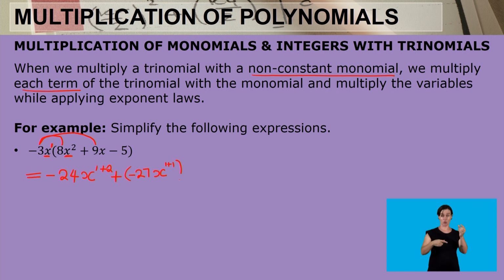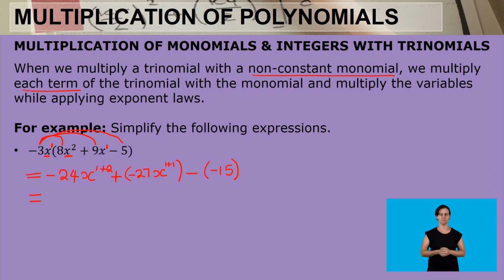That will be a 1 plus 1 because the exponent there is also a 1. Then we are subtracting here. We are going to now multiply the 3 with the 5. So a negative 3 multiplied by 5 again is going to be a negative 15. So we have multiplied each term in the trinomial with the monomial.